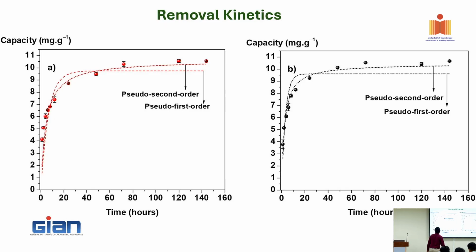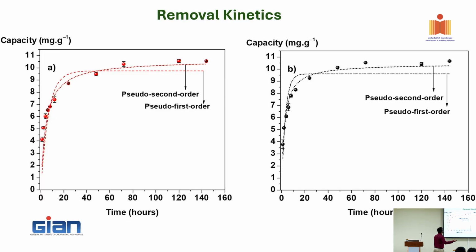The left hand figure is for the normal urine, like real urine, and the right hand figure is for synthetic urine. We tested both, and the good news is we fitted very similar kinetics and very similar adsorbing nature for both real and synthetic urine. It takes almost 24 to 48 hours to remove the gadolinium completely from the urine and reach saturation or equilibrium.